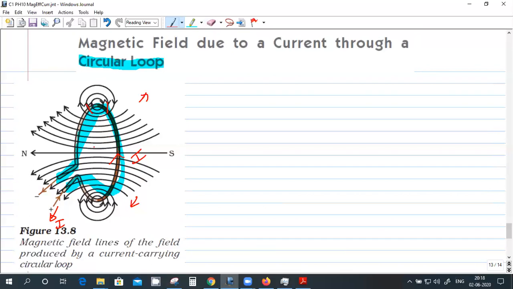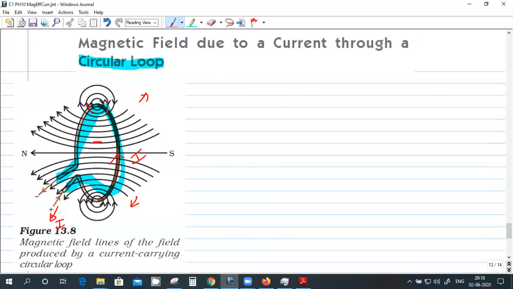Another way to get the direction of magnetic field is, suppose I want to get the magnetic field at this point. I curl my fingers in the direction of current, and the thumb will give me the direction of the magnetic field. Now I'm getting the direction wrong.